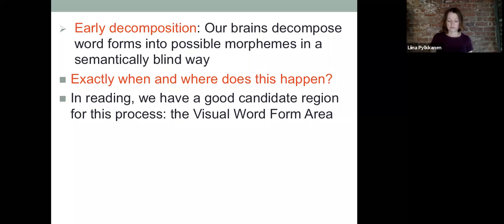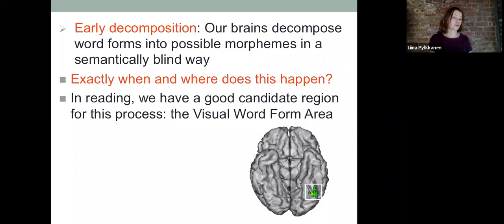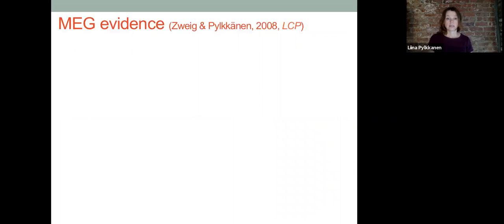So we would want to find out whether the visual word form area actually is sensitive to morphological structure. That is something that a student of mine, Eitan Zweig, and I tested many years ago now.